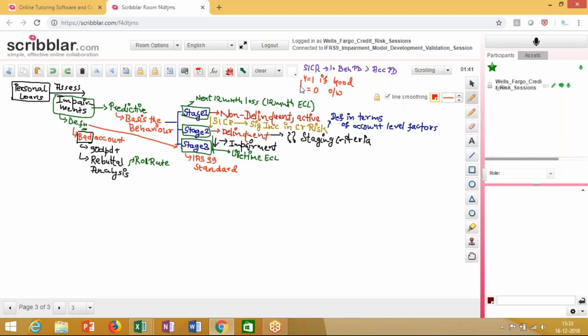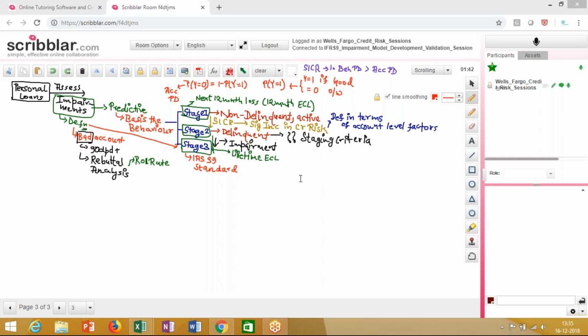So this was my acquisition, right? So this is my acquisition PD. The probability y equal to 0 is my acquisition PD, so the probability of default, the probability of a bad borrower that I had at the time of acquisition.